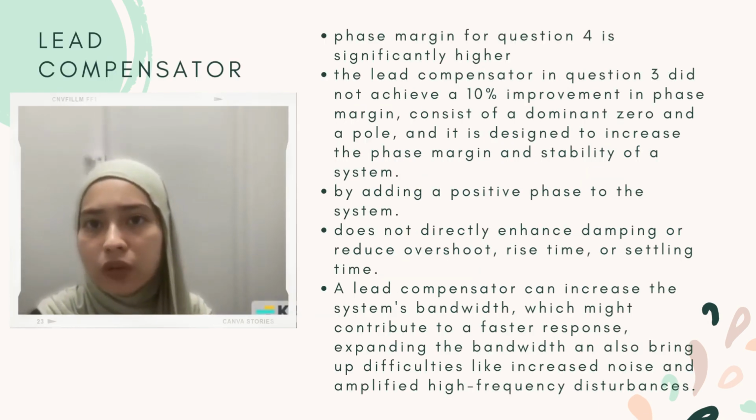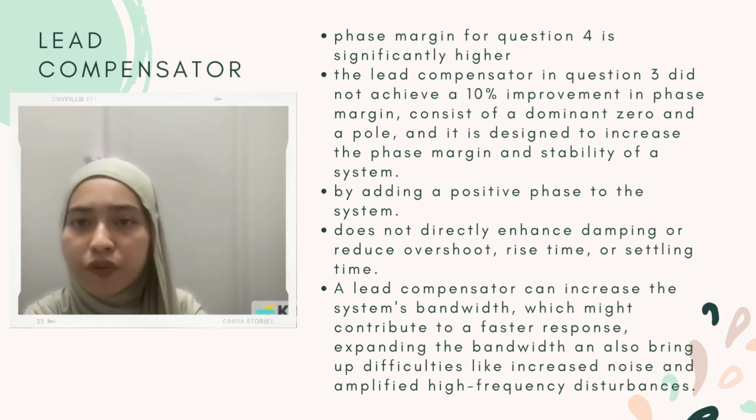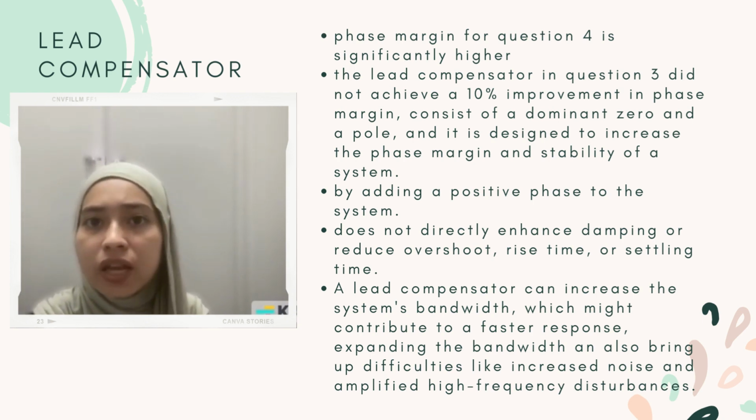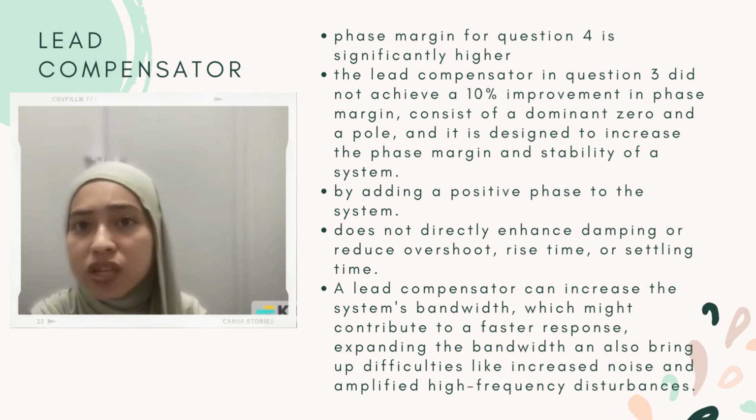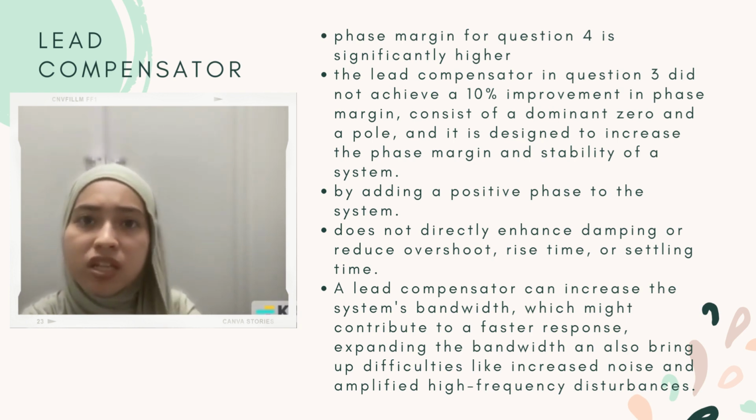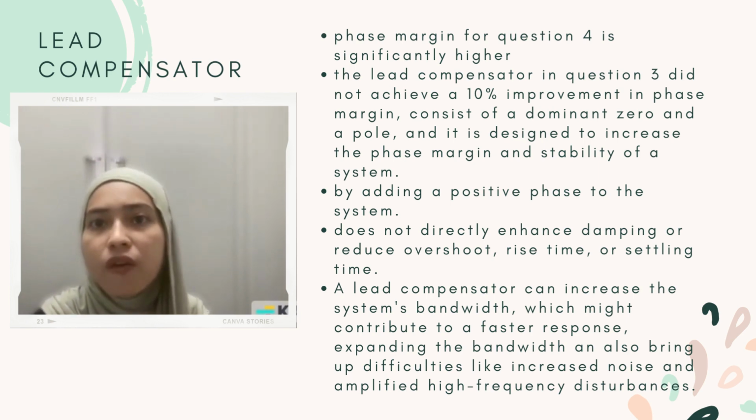Comparing the phase margin value for question 3, which is 20.595, and question 4, negative 113.455, it is clear that the phase margin for question 4 is significantly higher. Therefore, the lead compensator in question 3 did not achieve a 10% improvement in phase margin.